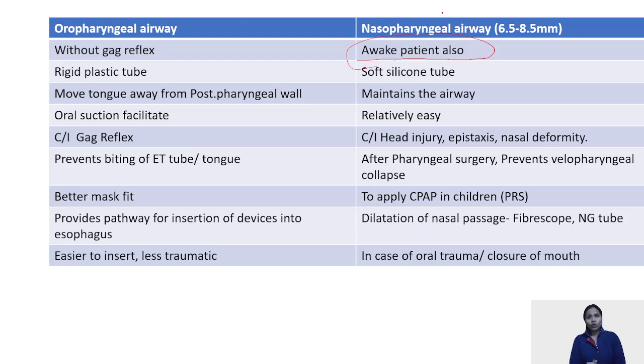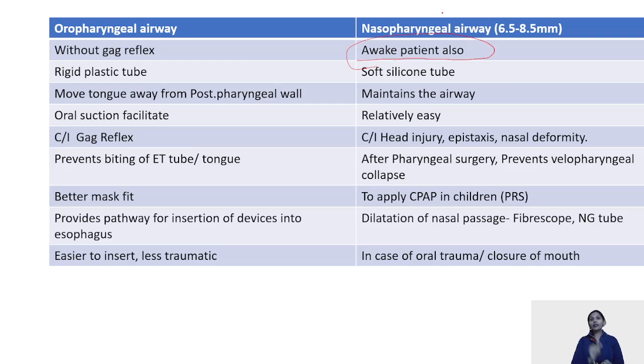The second case scenario comes. After extubation, the patient was conscious. He was able to lift his leg. He was able to move the limbs, but still highly sedated, and there was a persistent tongue fall, which was not allowing the patient to maintain the saturation.